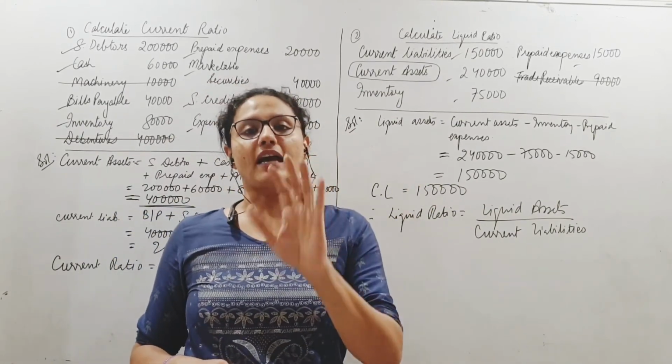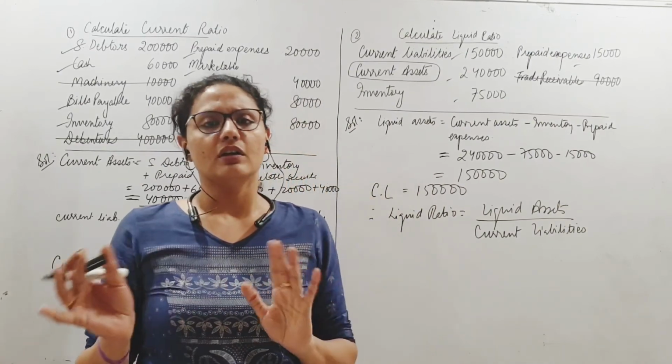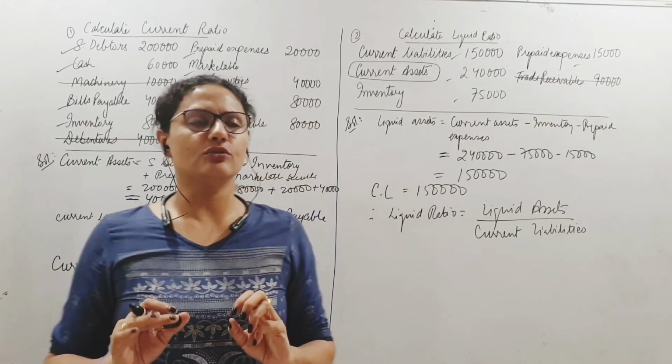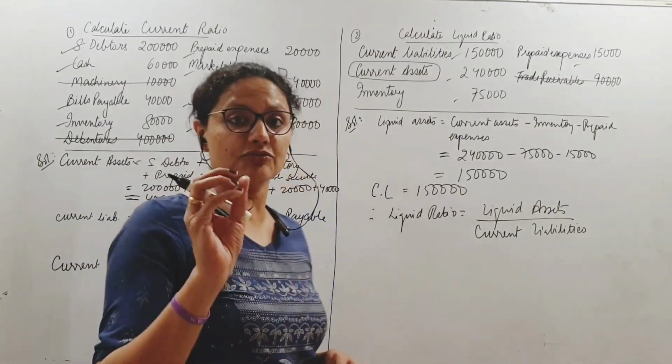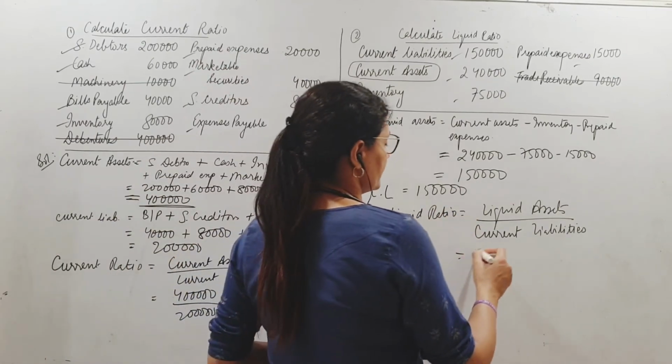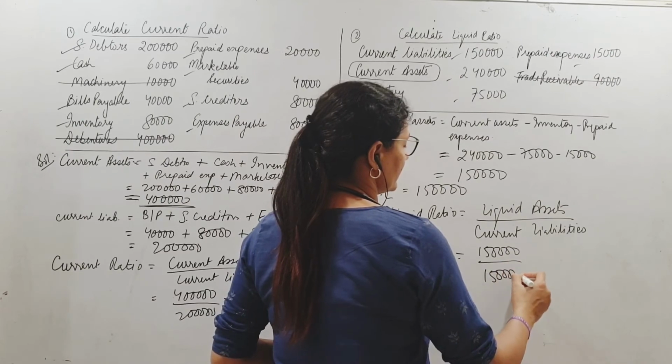Please refer to that and use the appropriate terms given here. No replacements will be allowed, no deviations will be allowed when you're writing ratios. It has to strictly follow the terminology. So it is 1,50,000 by 1,50,000.